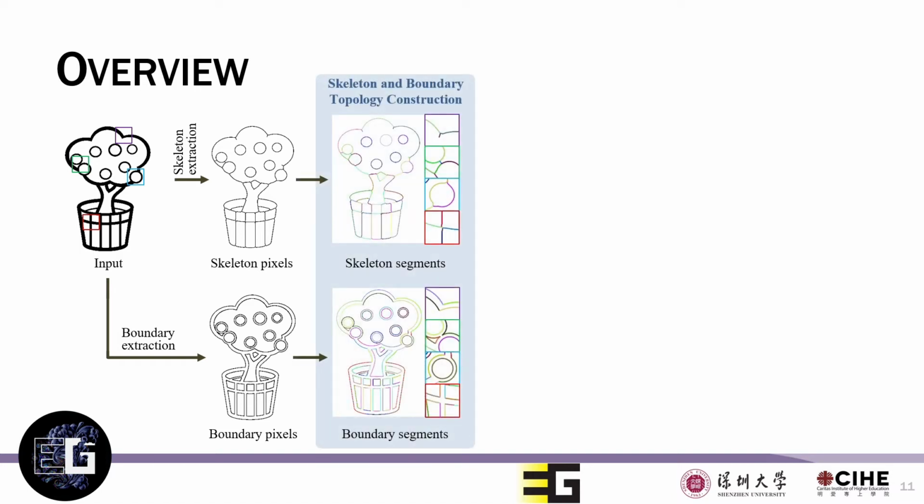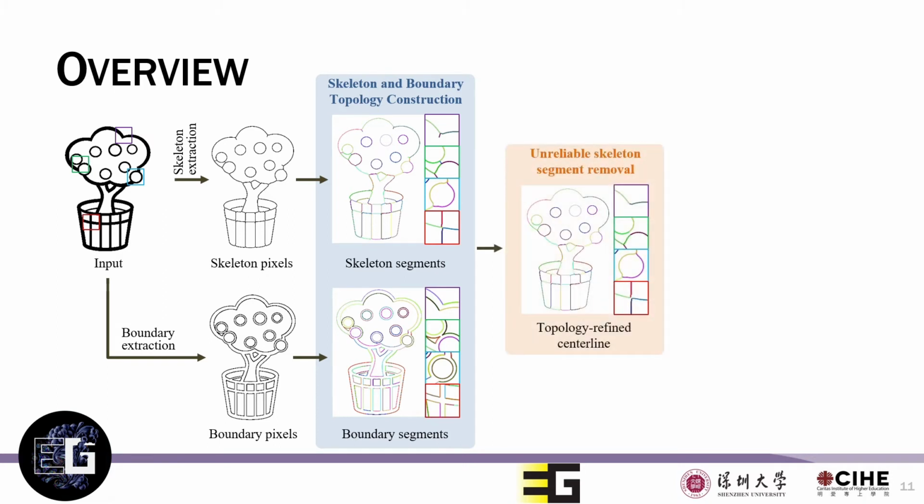We construct segments from pixels for both the skeleton and the boundary. These constructed segments and their mutual connectivity actually show an initial guess of the topology of the line drawing. However, this initial topology is usually incorrect at some locations.